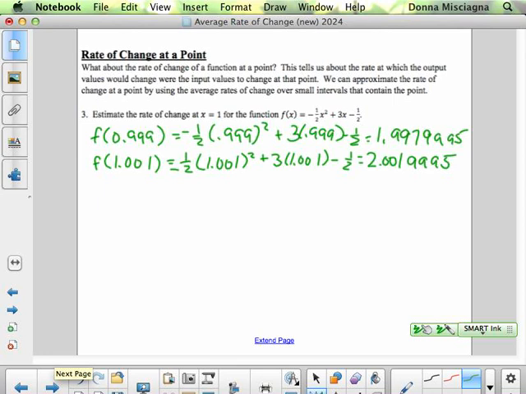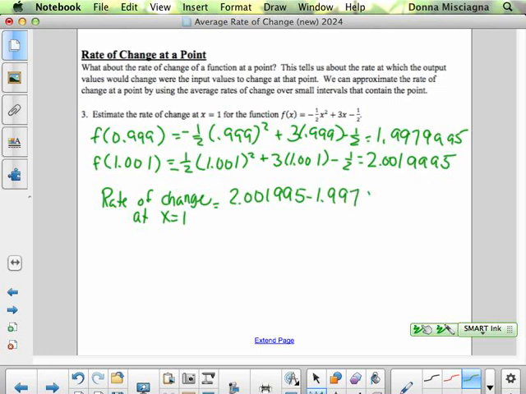So our rate of change at x equals 1 is going to be 2.0019995 minus 1.9979995, all divided by 1.001 minus 0.999.